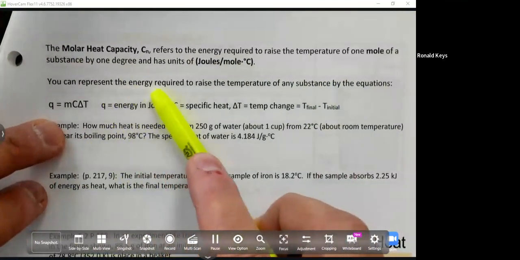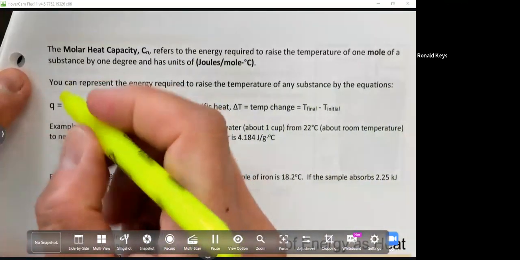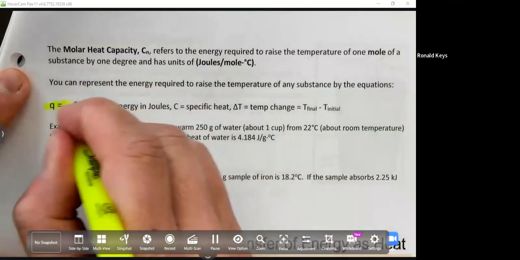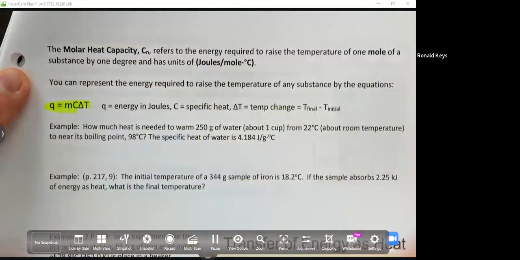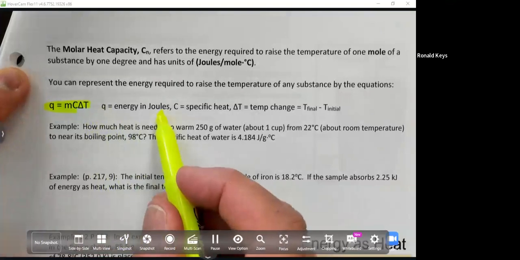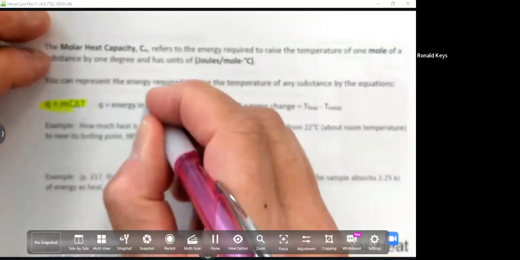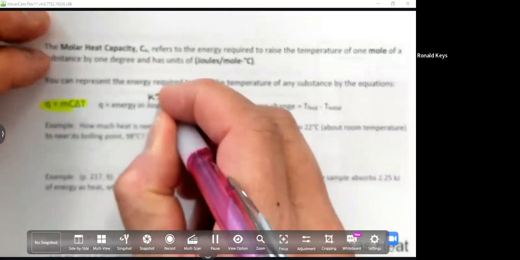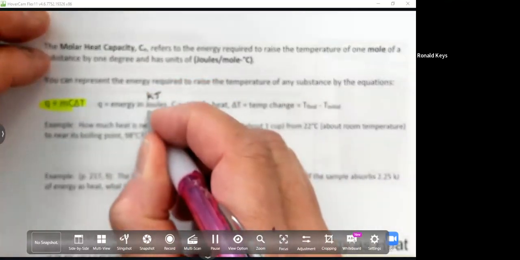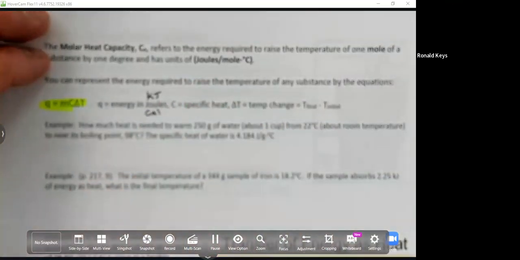All right, you can represent the energy required to raise the temperature of any substance by the equation Q is equal to mc delta T. Now, this Q can be energy in joules, kilojoules, or calories, small c calories typically.